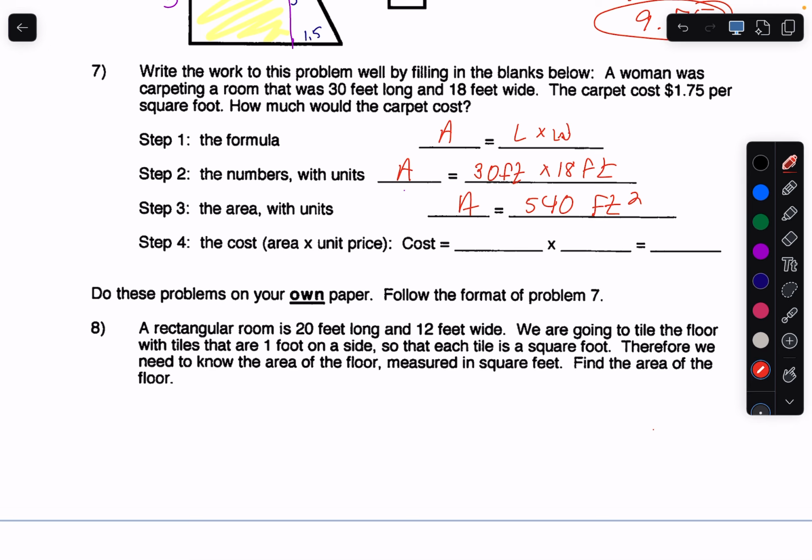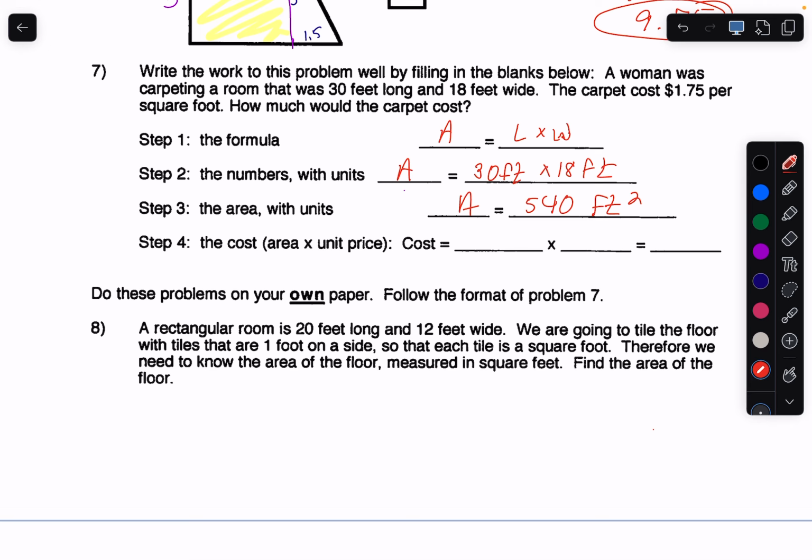It's 29, I think, this way. Let's see. Oh, it's 29 by 29. The actual room space, I thought it was close to a square.